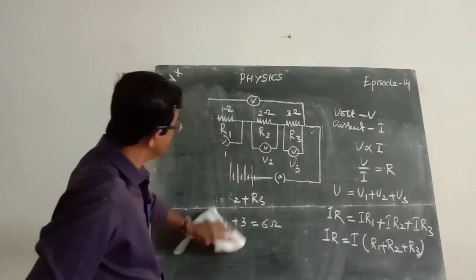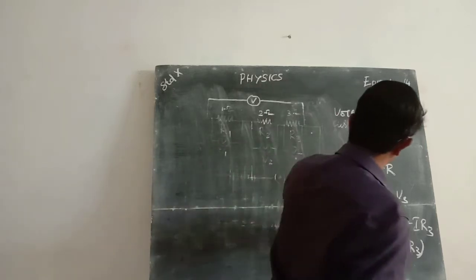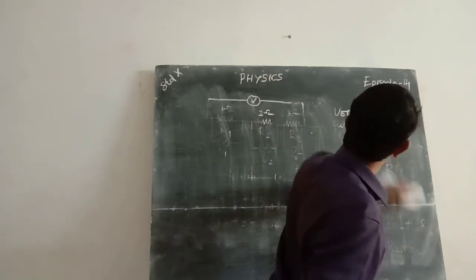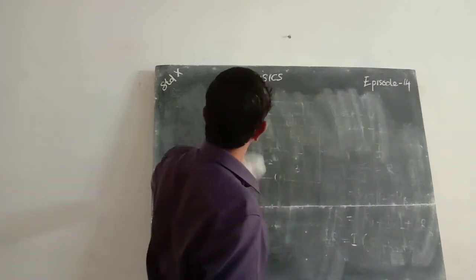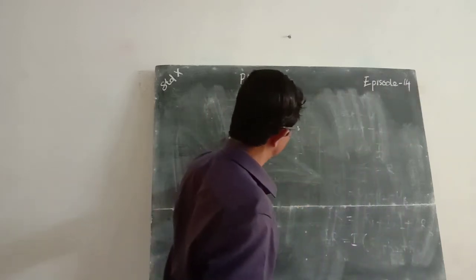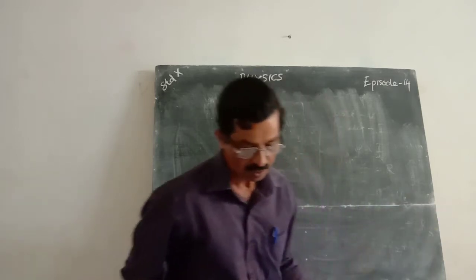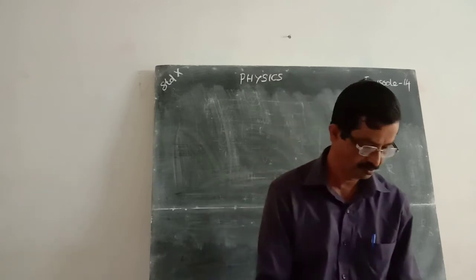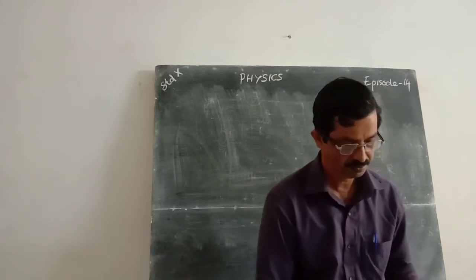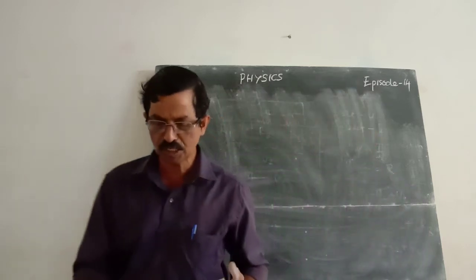Now with this we want to do some problems given here. First one is: an electric lamp whose resistance is 20 ohm.